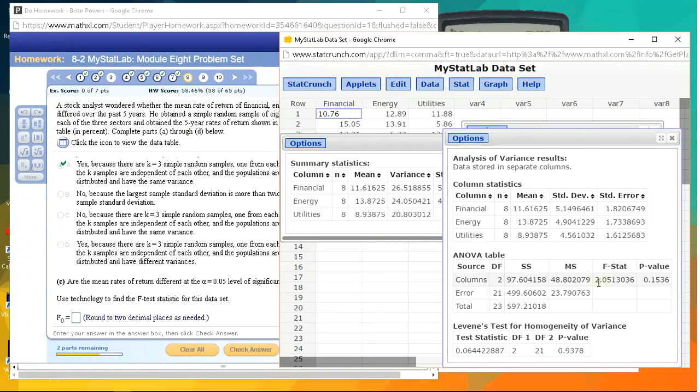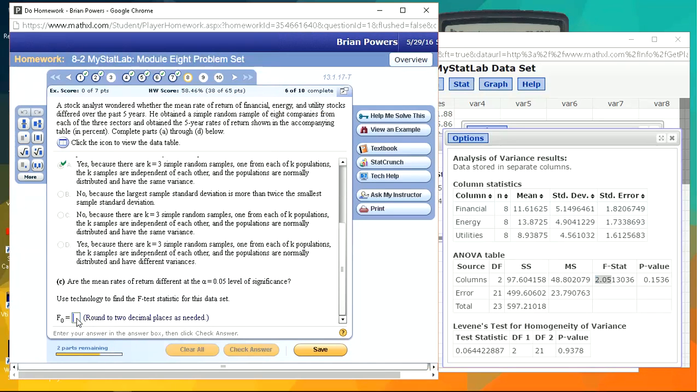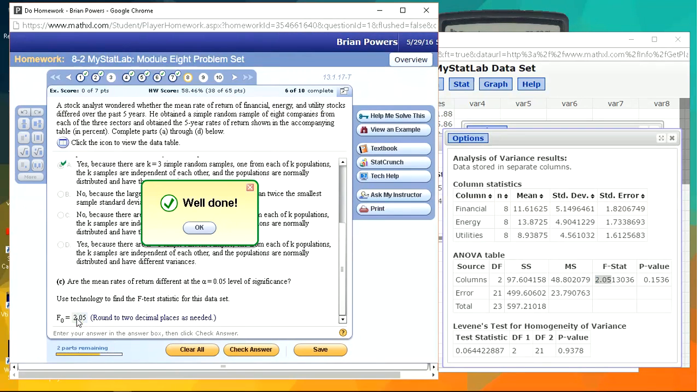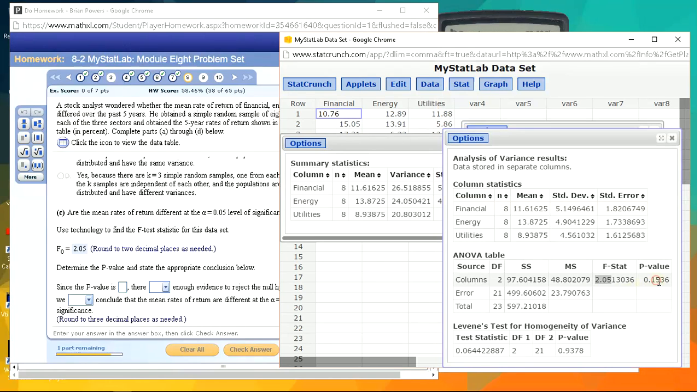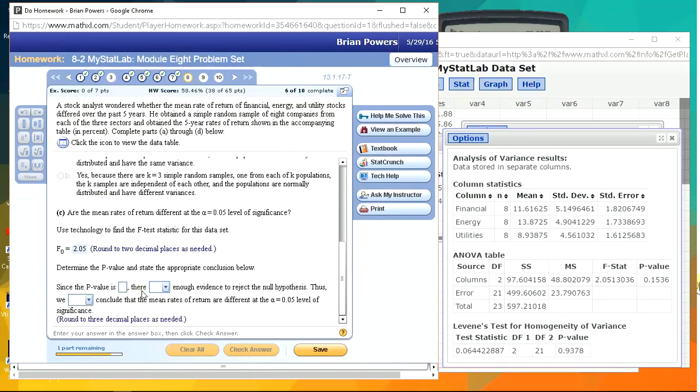So anyway, get our F statistic. It's given right here, 2.05. And the p-value is actually fairly big. The p-value is 0.154.